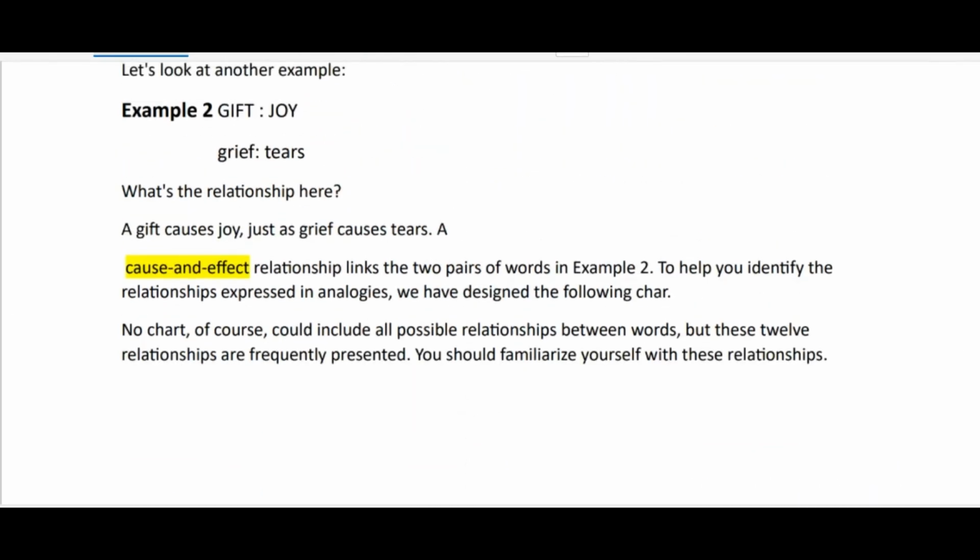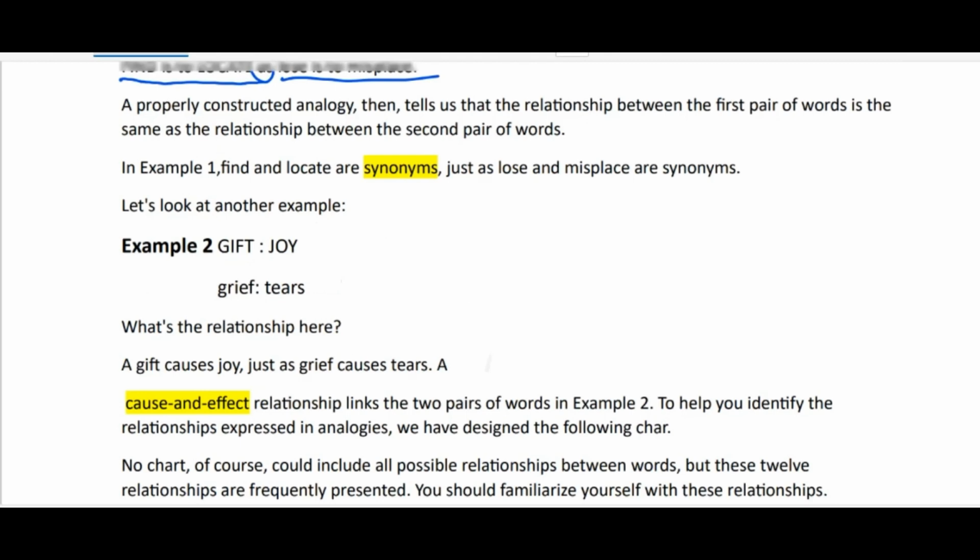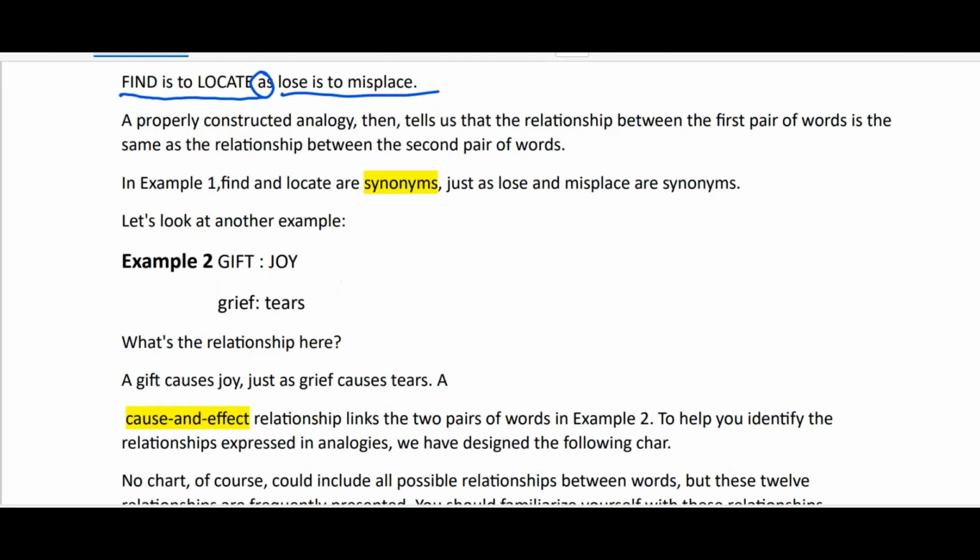A correctly constructed analogy tells us the relationship between the first pair of words is the same as the relationship between the second pair of words. This is the correct analogy.